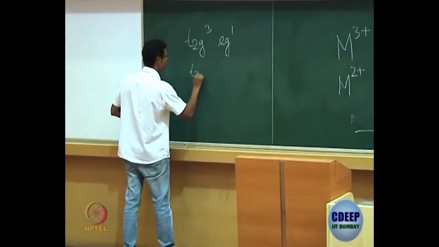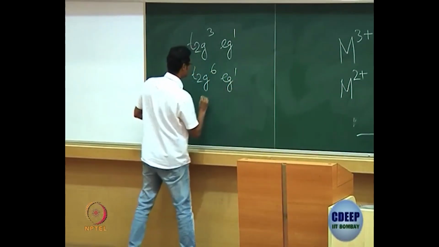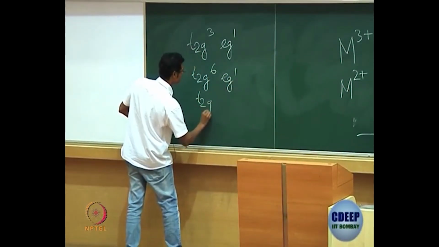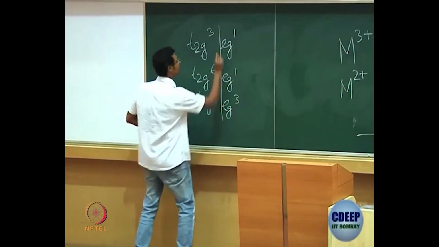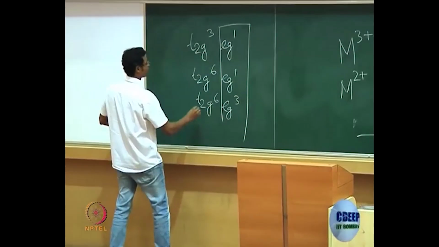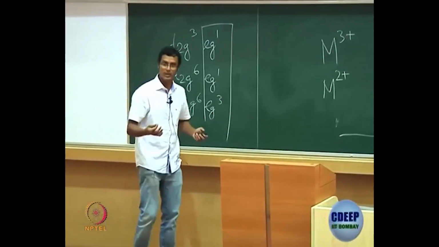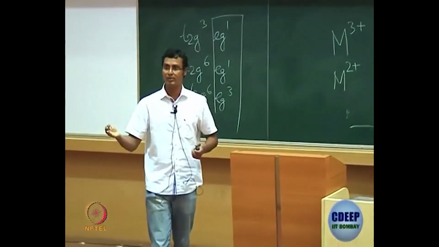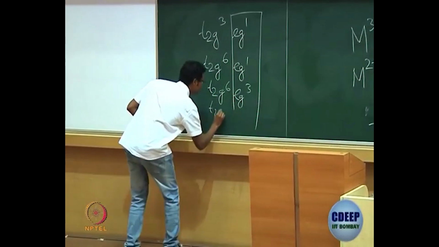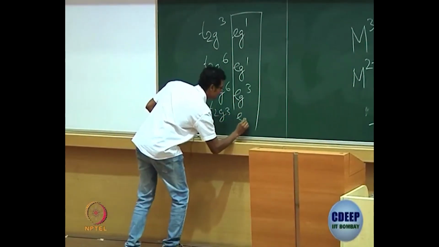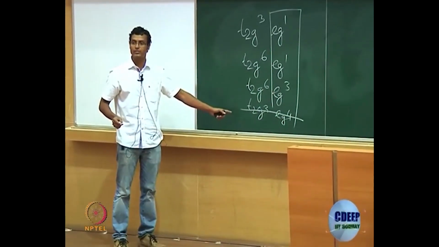Wherever unsymmetrical situations are possible. Of course, t2g3 eg3 is not possible, and t2g3 eg4 is not possible either. This sort of thing you should be able to recognize very quickly.